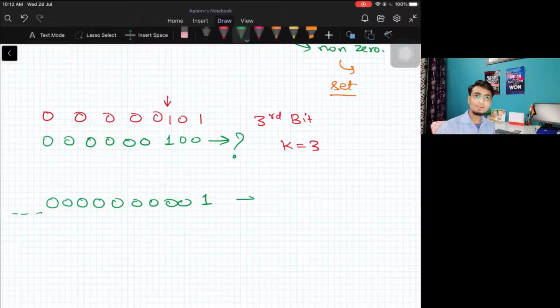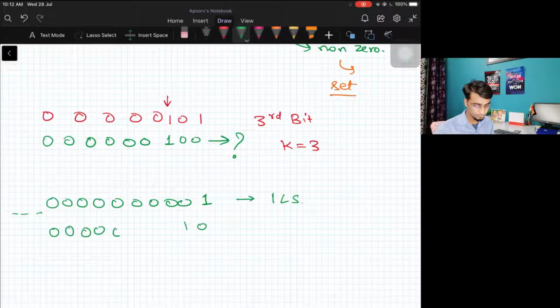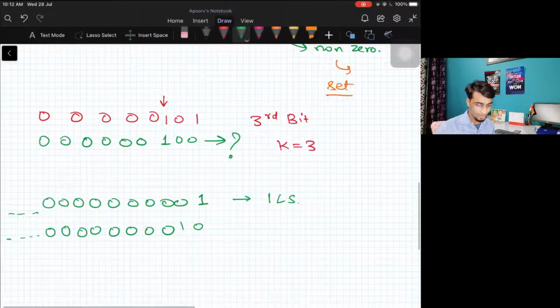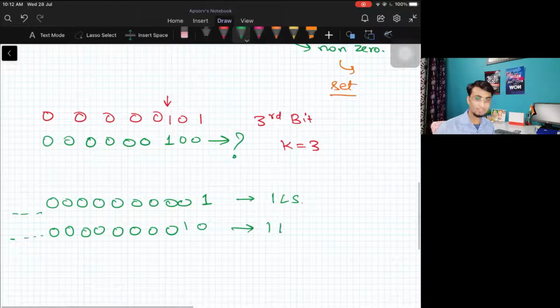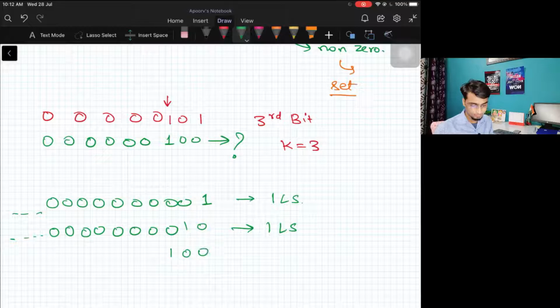If I do one left shift, this number would be 1, 0, and the rest of the places would be zeros. Great. Now what if I do one more left shift? This number will become 1, 0, 0, 0, 0, 0, 0, 0, 0, and so on.